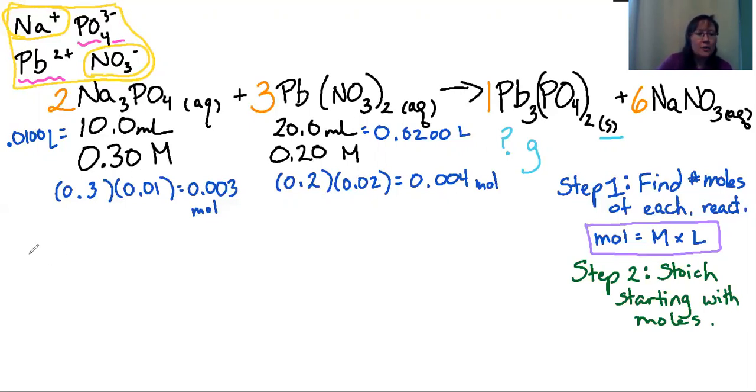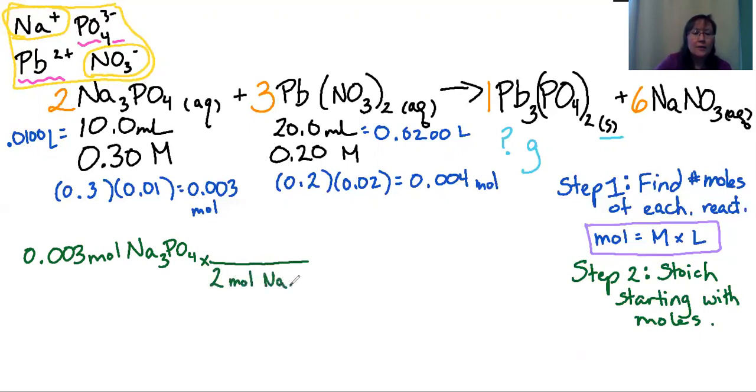So we take our first one here, that's 0.003 moles of sodium phosphate, times my mole ratio, which is 2 moles of sodium phosphate to 1 mole of my product, that's Pb3(PO4)2.